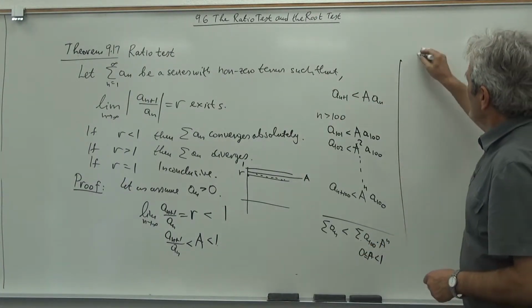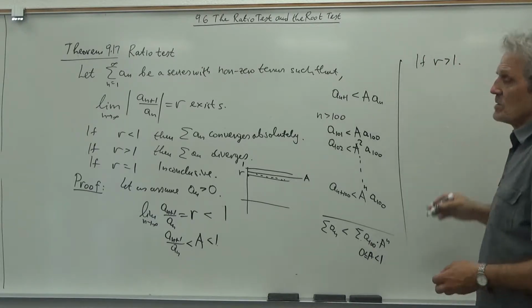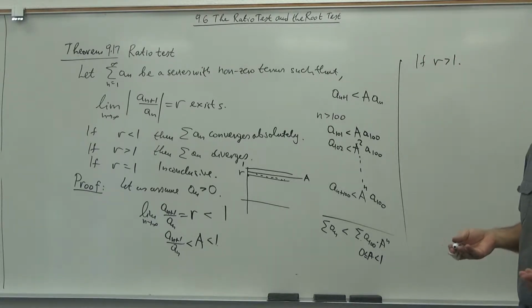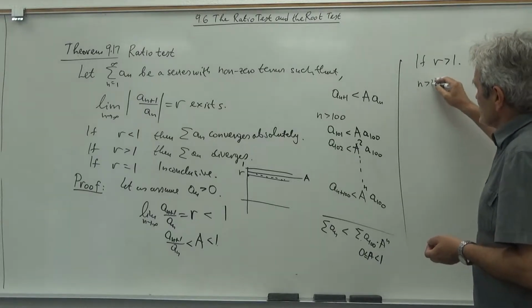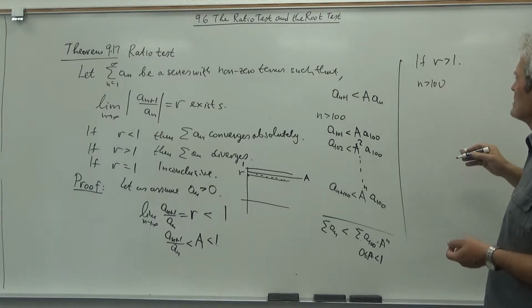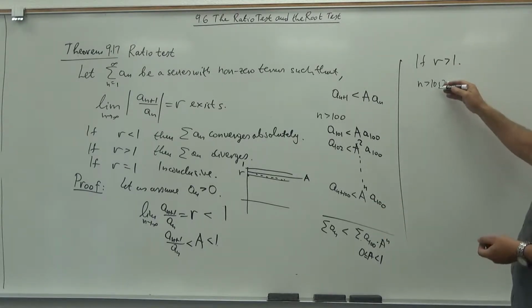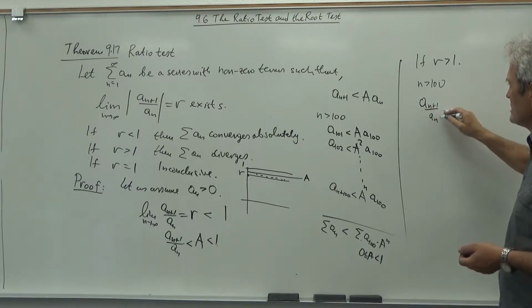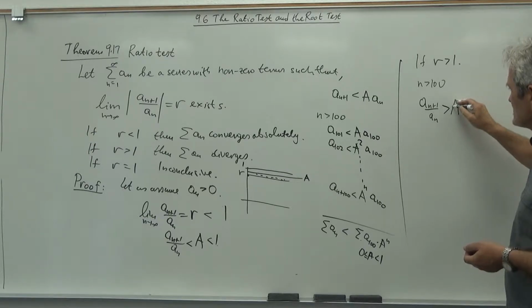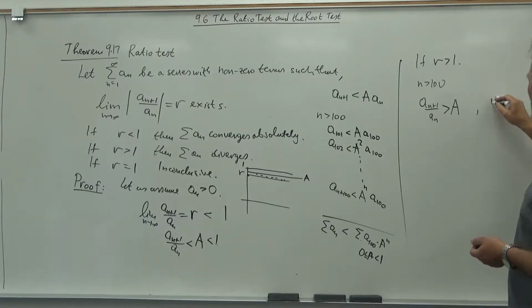What if r is greater than 1? Then you can also do comparison with a series, but generally it's even easier to see that your series will fail the divergence test. After n, let's say, greater than 100, as I said, 100 is just arbitrary, if n is greater than 100, then a_{n+1} over a_n will be greater than a certain a, where r is greater than a, which is greater than 1.